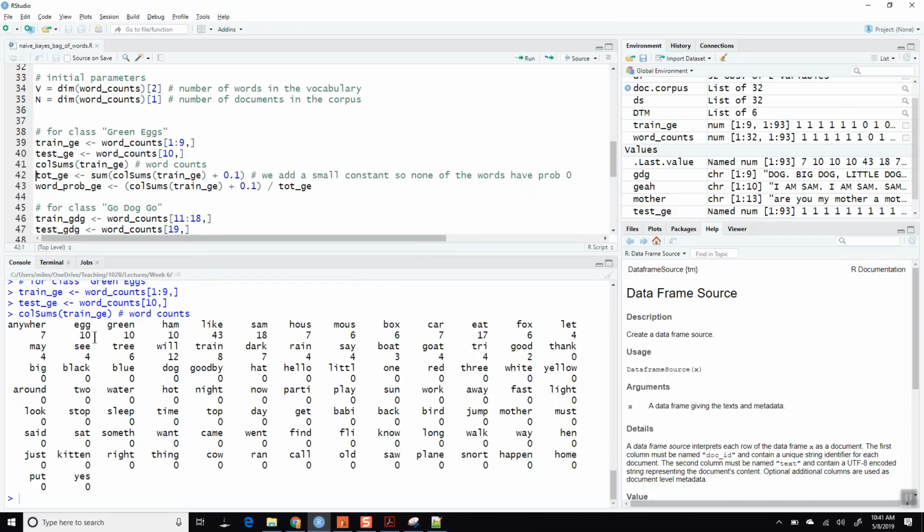Okay, and so we can see words like anywhere, like, green, and ham show up very frequently. Words like and like shows up very frequently, and we also get good and goat and try and things like that.